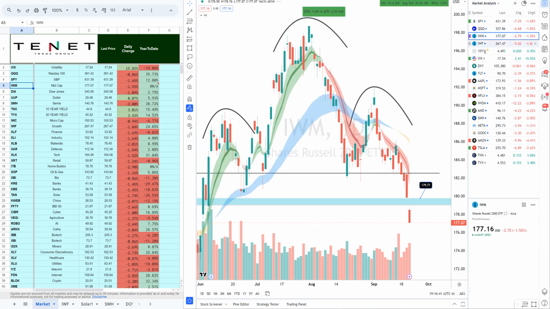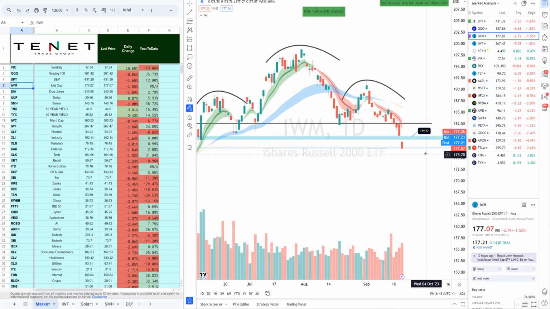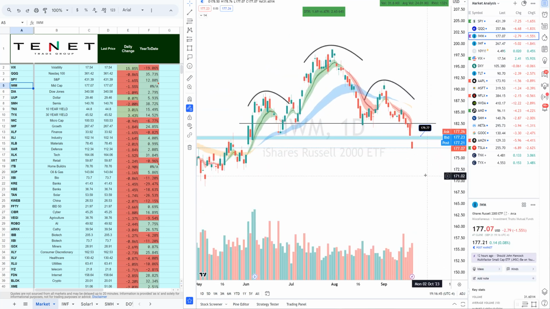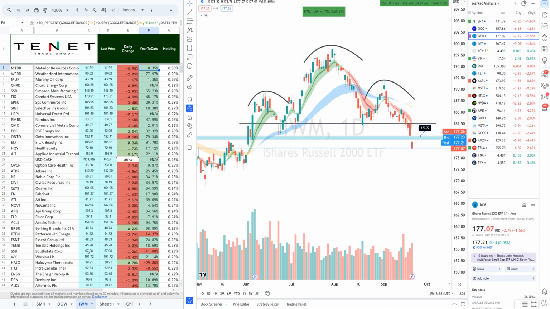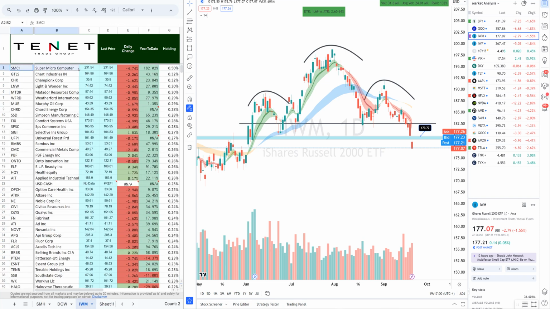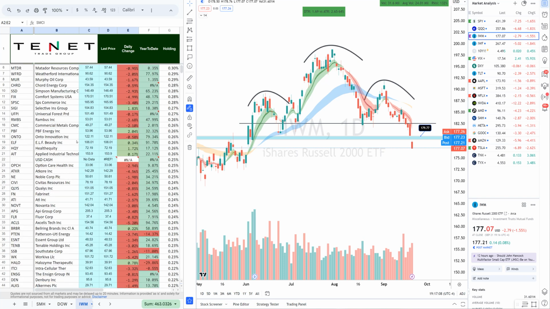So let's look at IWM, the Russell 2000 ETF. This is basically most of the mid caps in the market, or the stocks which are growing. Surprisingly, SMCI is listed in IWM right now, and I also put it in SMH, semiconductors.